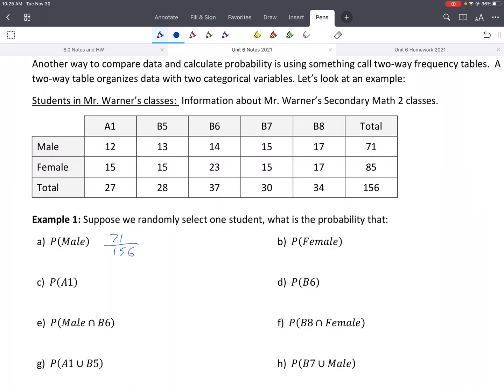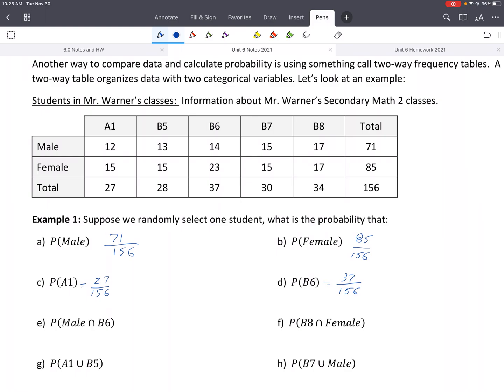Probability of picking a female would be 85 out of 156. What's the probability of me picking a student that's in A1? There's 27 of my total students that would apply. What's the probability of picking a student that's in B6? There's 37 in my B6 class, out of a total of 156.